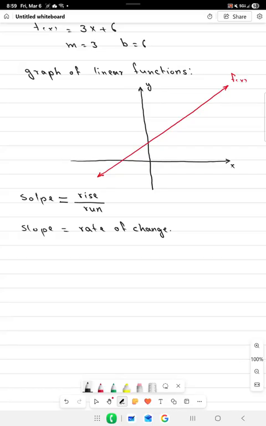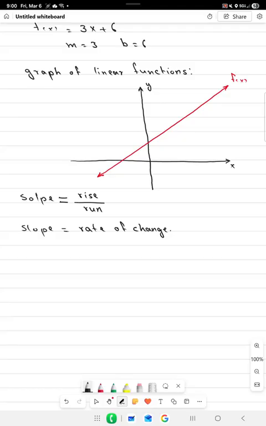We start graphing lines in lower classes of algebra, even during school time, but it's always introduced to us as the slope of the line. Barely could we get the meaning of it, why slope, what is slope? The meaning that they gave us is rise over run, but the actual meaning, where we use it and how to use it in real life, is that slope means rate of change.